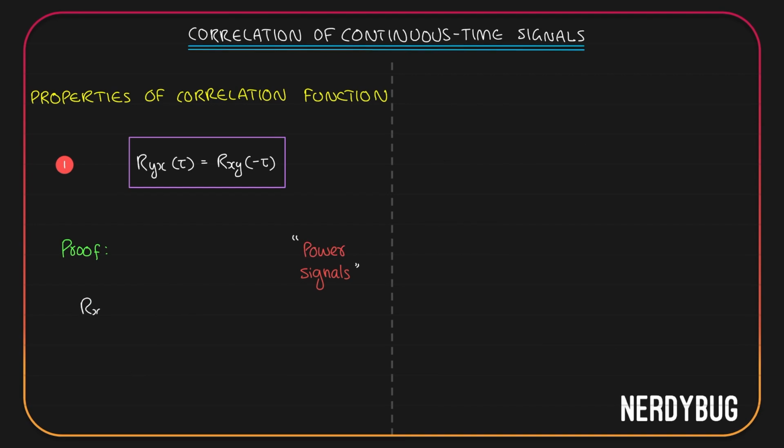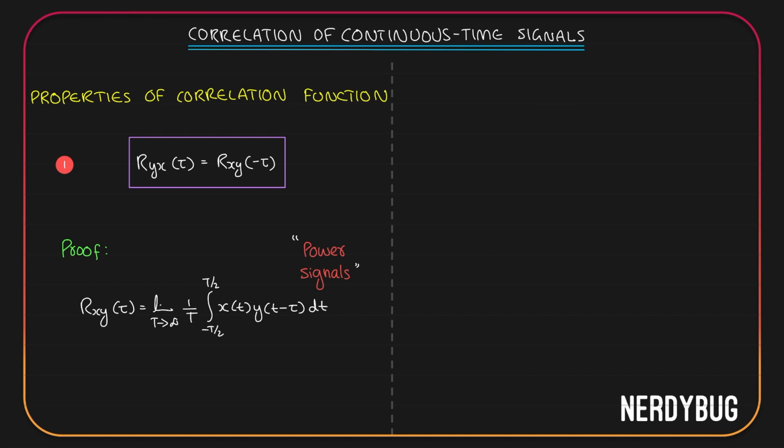For a power signal, we write r xy of tau is limit t tends to infinity 1 by t integral from minus t by 2 to t by 2 x of t y of t minus tau dt. Here we kept x of t intact and shifted y of t towards the right.